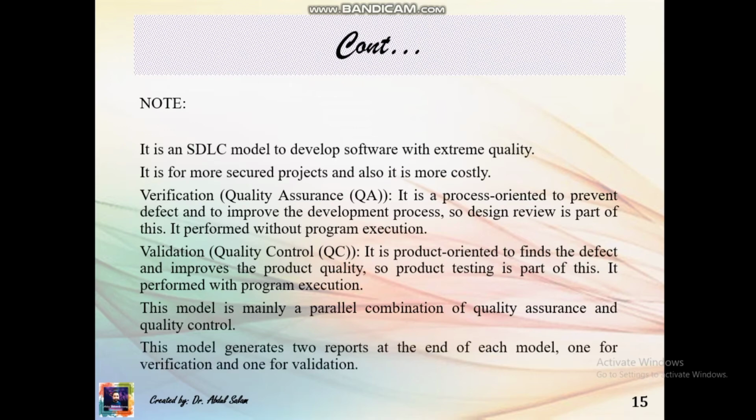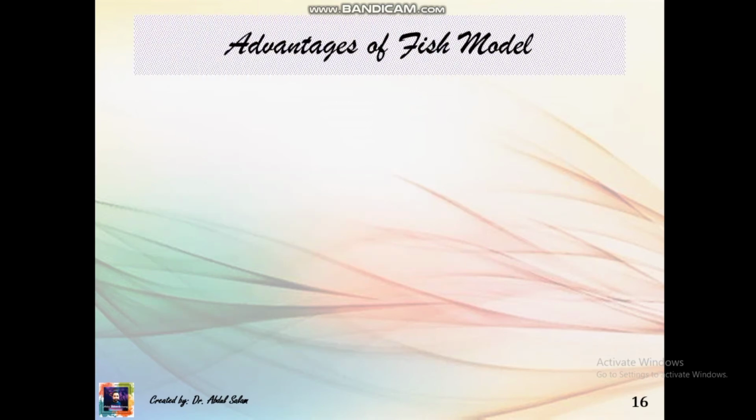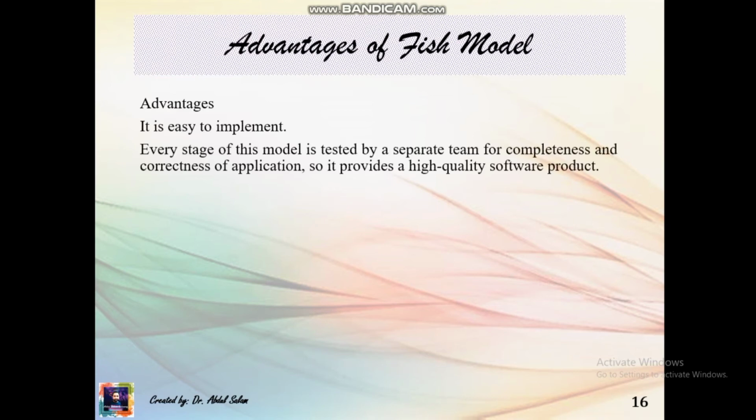This model generates two reports at the end of each phase, one for verification and one for validation. Advantages of fish model. The basic advantages of fish model are that it is easy to implement.